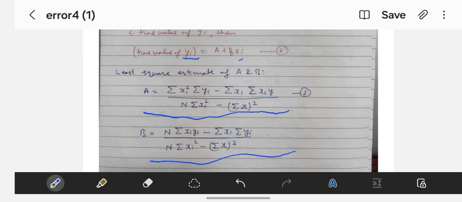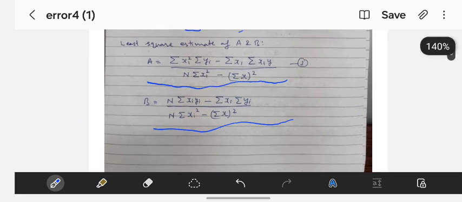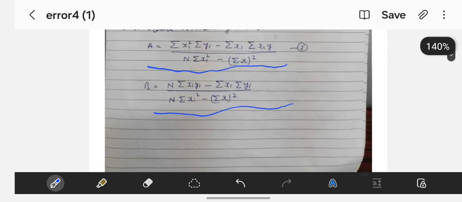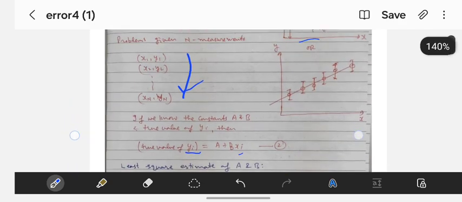In the denominator we have n sigma xi square minus the square of sigma xi, and the denominator is the same for both, so we'll call it delta. So from these formulas we can find the values of a and b.